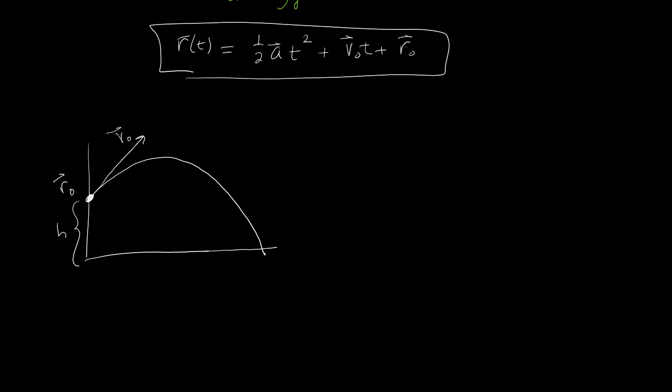Okay? All right, so if we were to break this down, we see that we can take v naught and break it down into its horizontal and vertical components. We have this angle theta that the vector v naught forms with the horizontal x-axis. So we need something in the i direction, something in the j direction.